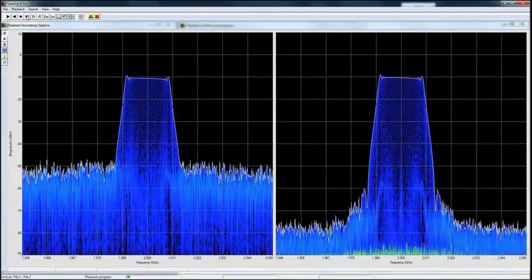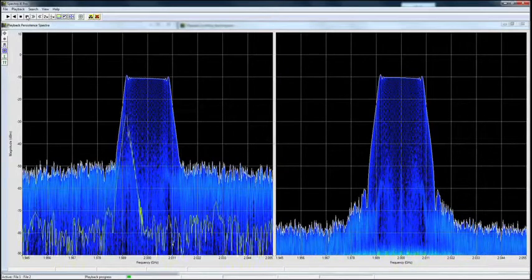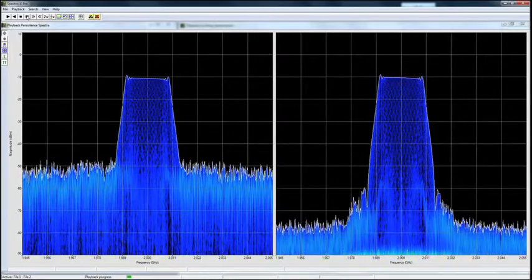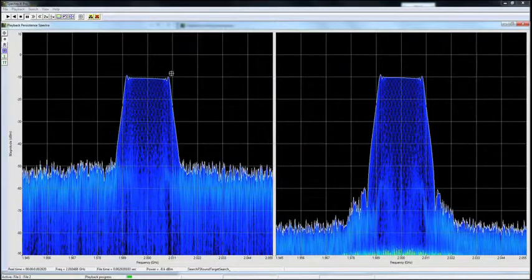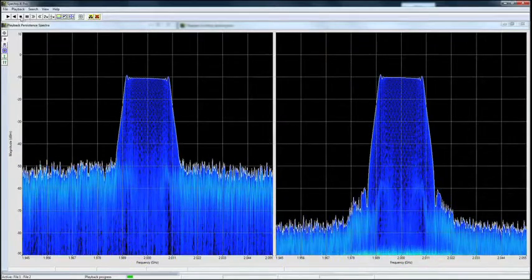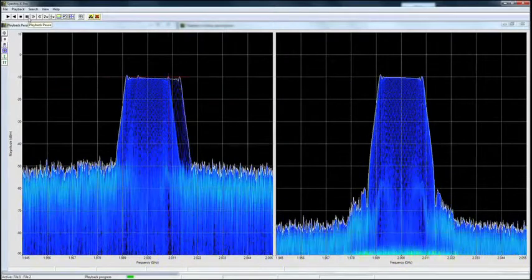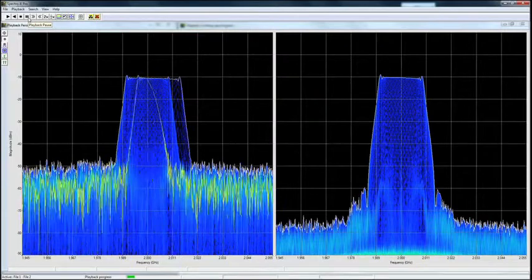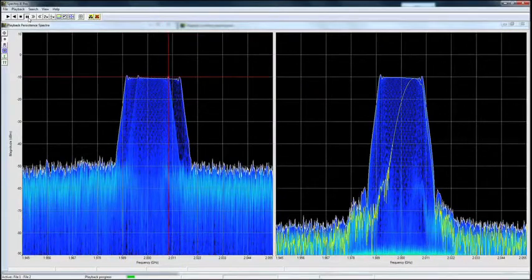So here we have the pulses prior to the frequency shifting taking place. And as this plays through, we can pause it and place a marker at the peak point of the unshifted chirp. And then allowing that to continue to play, we'll get to the point where the frequency shift takes over.